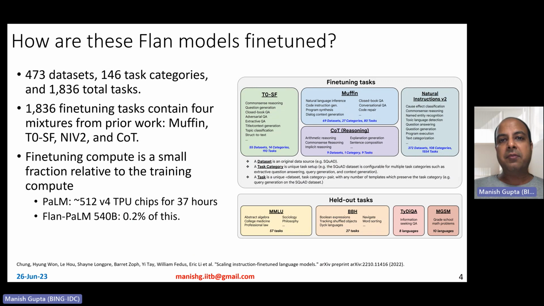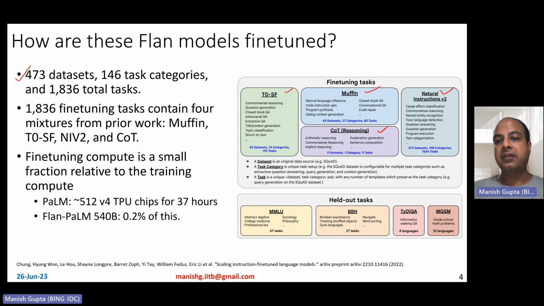So how are these Flan models fine-tuned? Well, they have been fine-tuned using 473 datasets, 146 task categories, and 1,836 total tasks. Okay, so the 1,836 total fine-tuning tasks are obtained from 4 different mixtures from prior work. These mixtures are Muffin, T0SF, NIV2, Natural Instructions V2, and COT reasoning tasks. As you can observe, these tasks are pretty diverse in nature.